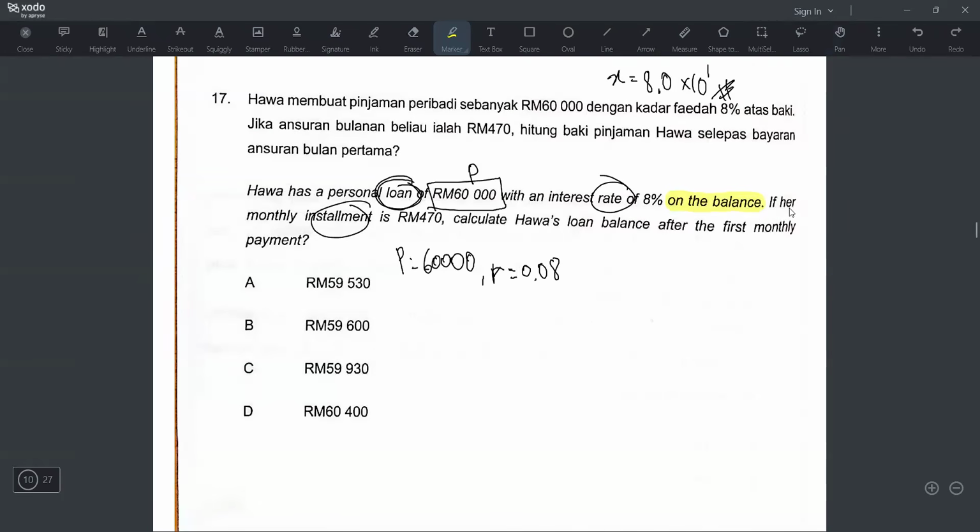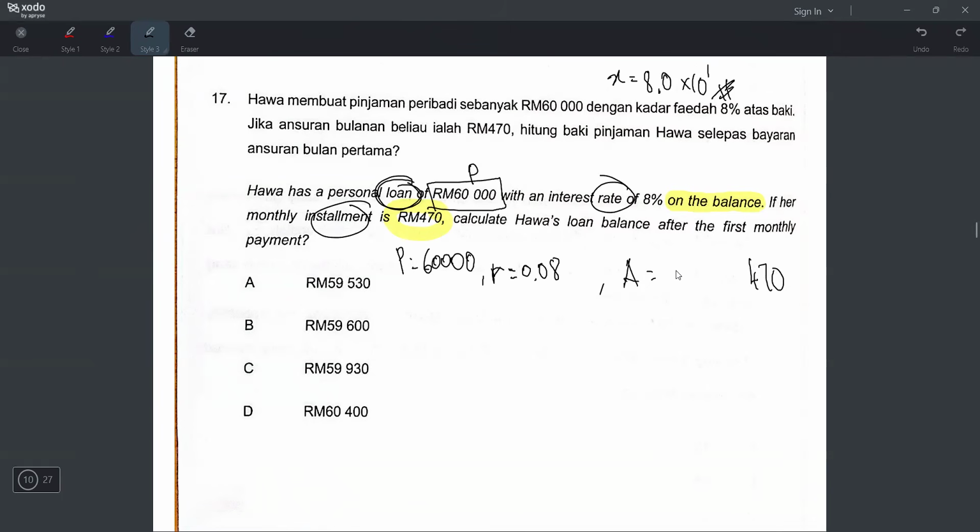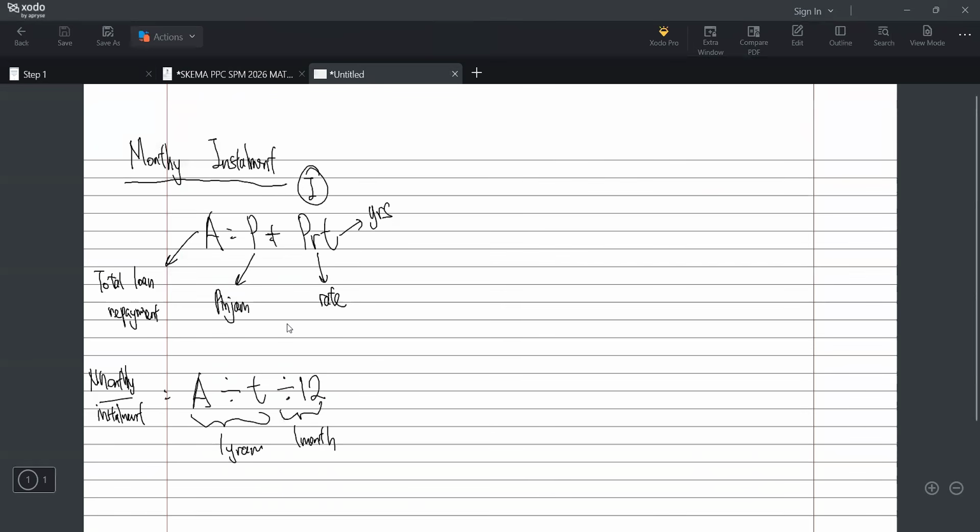Let's continue. If a monthly installment is 470, where does this 470 come from? It comes from A divide by T divide by 12, right? But actually no, because this is on the balance, so the calculation will be different. We don't do this calculation.